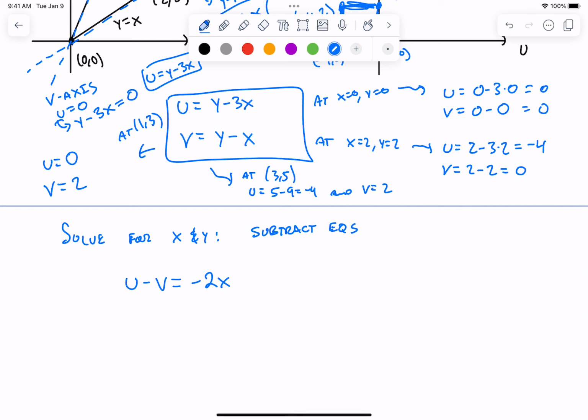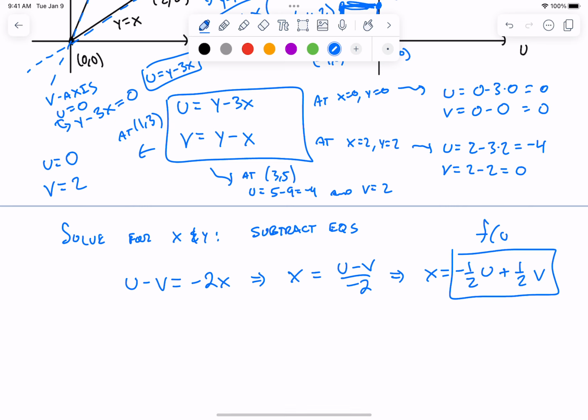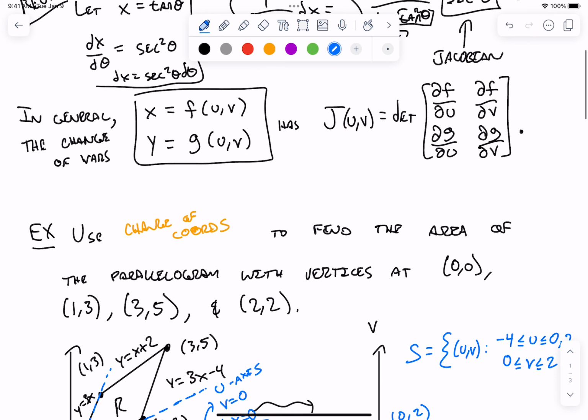There we go. You could do what I was about to do. I was going to do substitution, but here it's just a little cleaner with elimination. So that gives us then x becomes what? x then is u minus v over -2, or you can say that x then becomes -1/2 u plus 1/2 v, right? There's x. See, now this is that f of uv that we were talking about up here.